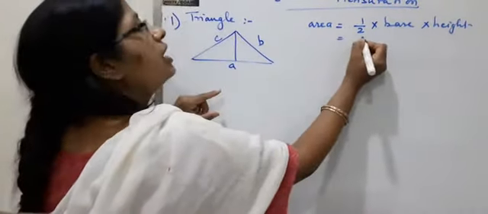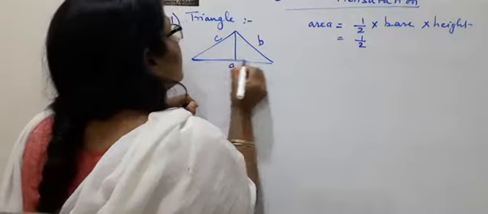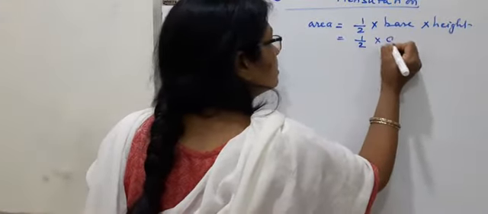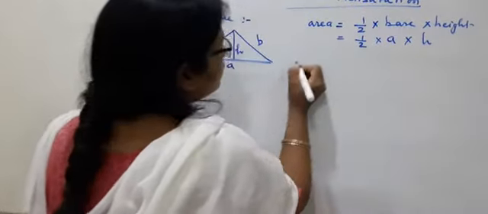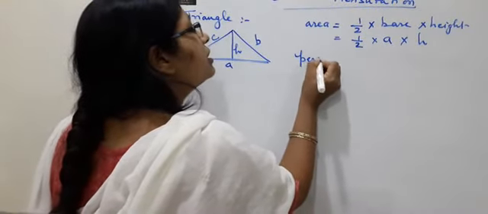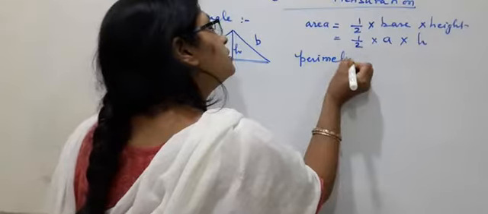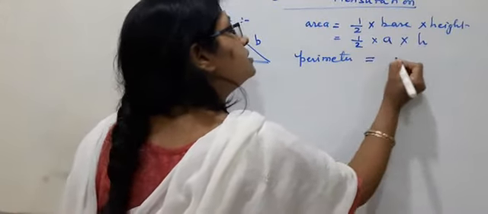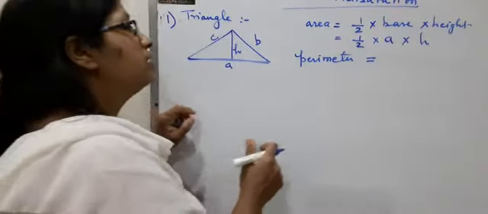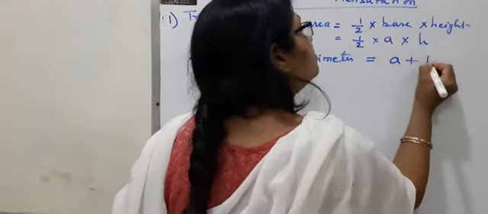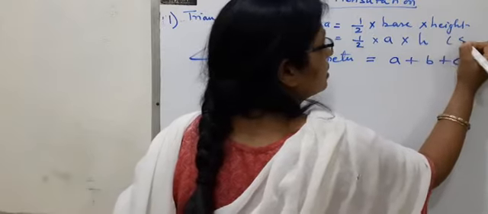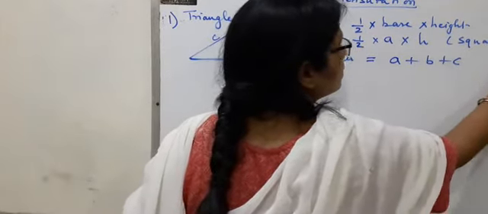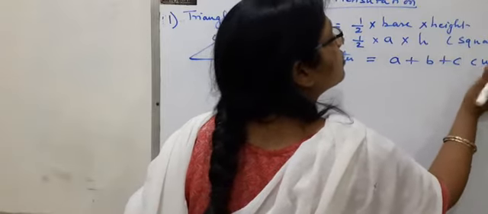In this figure, base is A and height is H. And the perimeter of this triangle is equal to the sum of all sides, so A plus B plus C. Here we write square unit and unit.